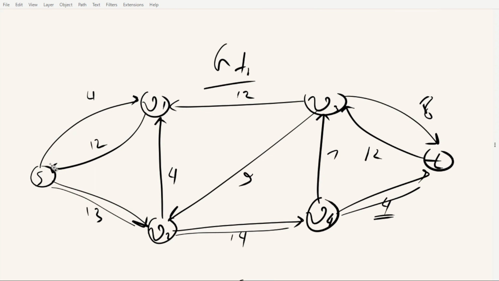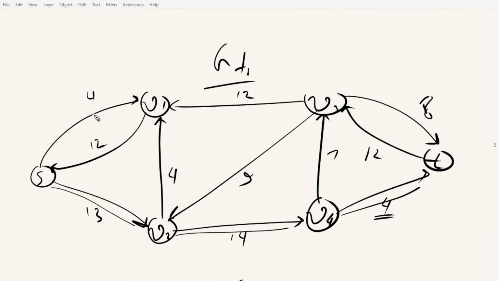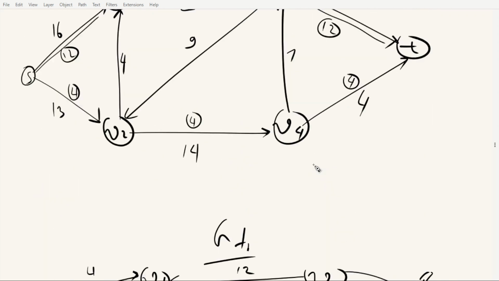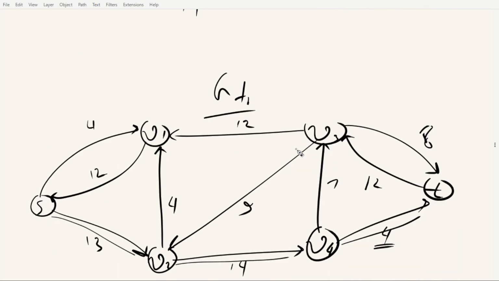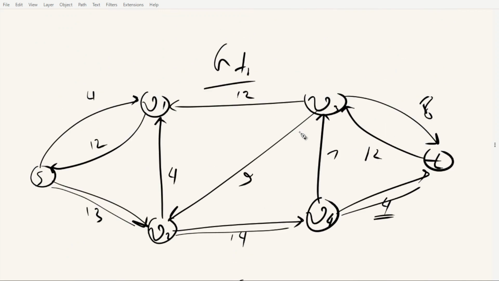So between S and V1, 4 and 12. V1 to V3, we have a backward edge with 12.